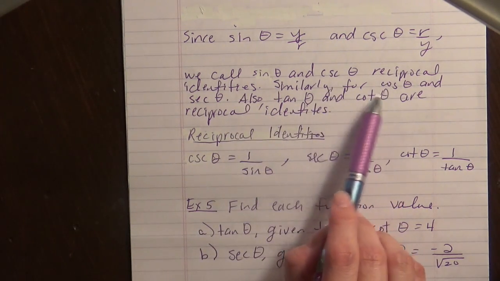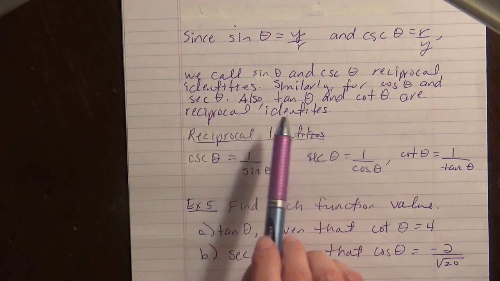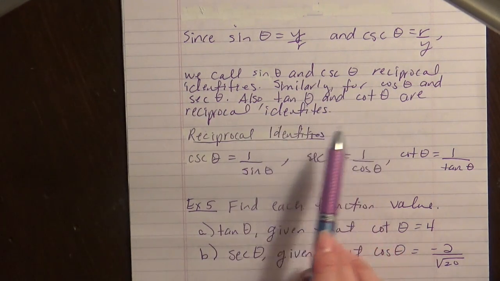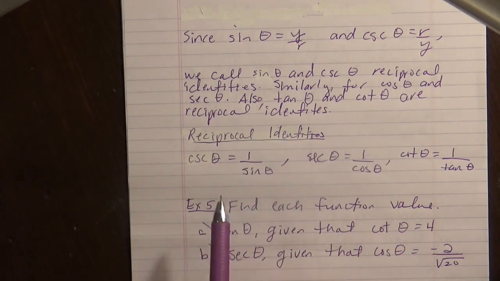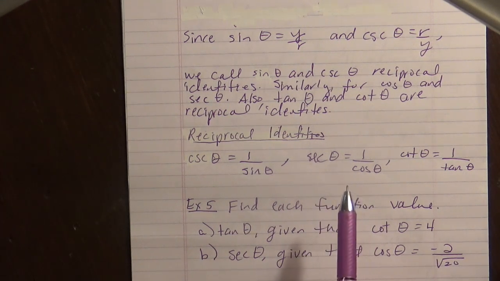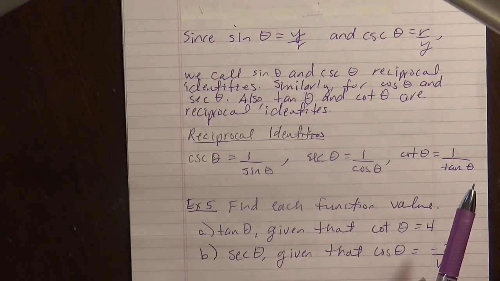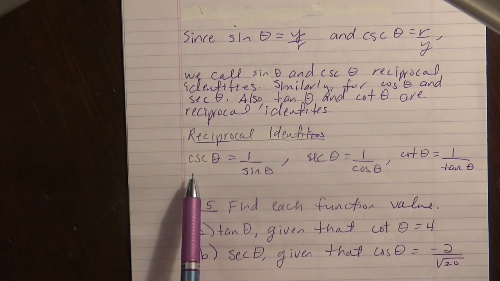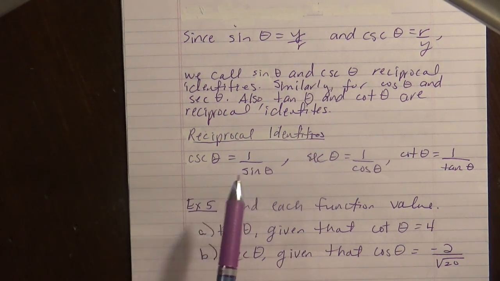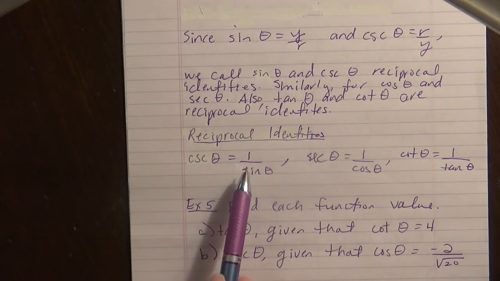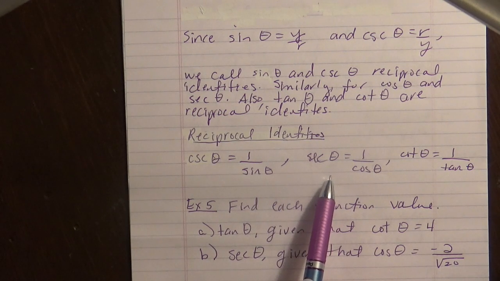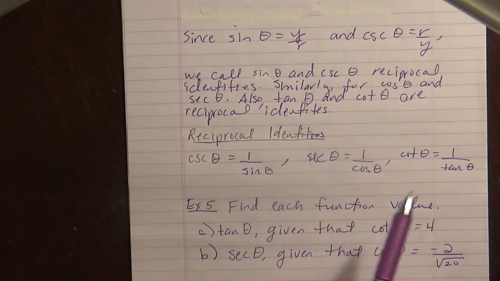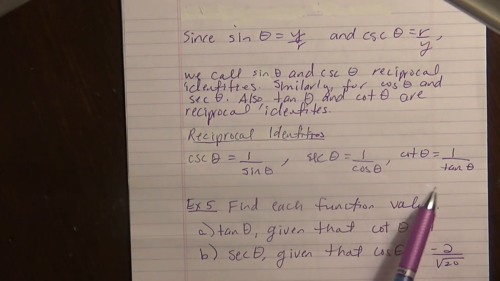Similarly for cosine theta and secant theta. Also, tan theta and cotangent theta are reciprocal identities. So reciprocal identities just means that if you've got one, you can easily find the other. The reciprocal identities simply state cosecant theta equals 1 over sine theta, secant theta equals 1 over cosine theta, cotangent theta equals 1 over tan theta.